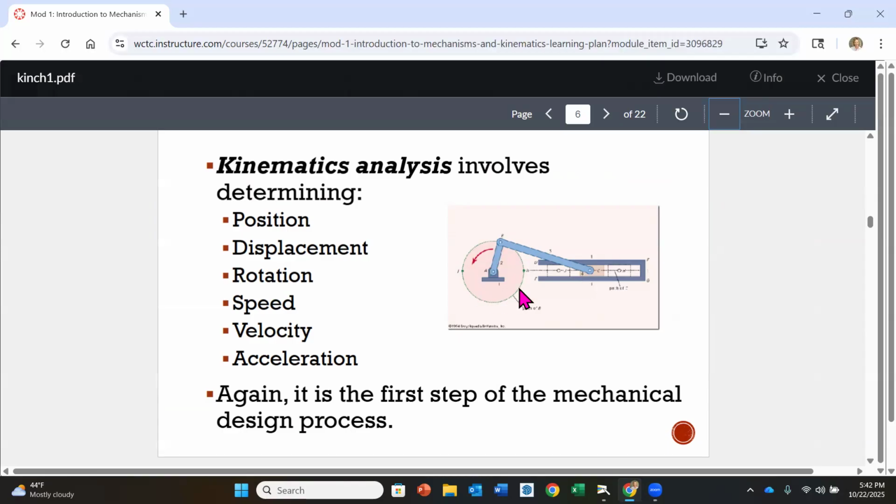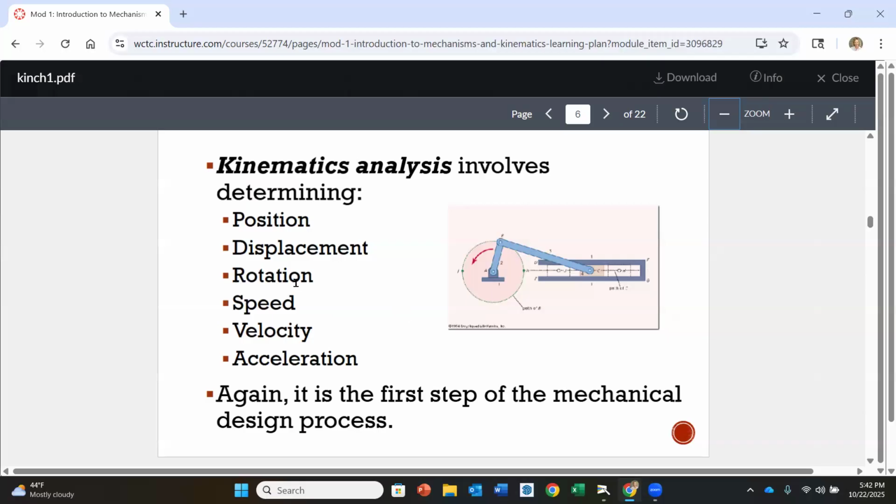And as it does that, typically we want to know, as our crank rotates around, what is the displacement that is occurring on the output side of our mechanism, okay? In terms of position, where is it going to be positioned at any given moment? What is its displacement going to be? So if I go, for instance, 90 degrees of counterclockwise crank rotation, what does that do to the displacement of my slider on the other side, okay?